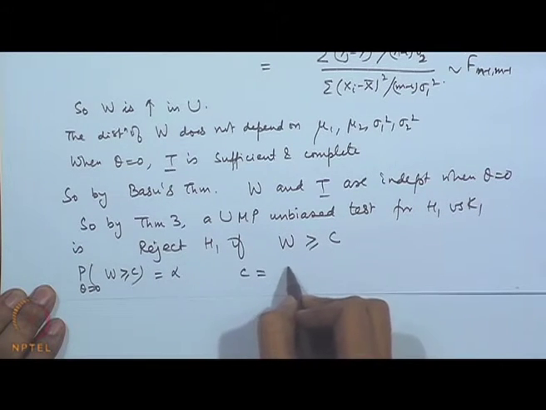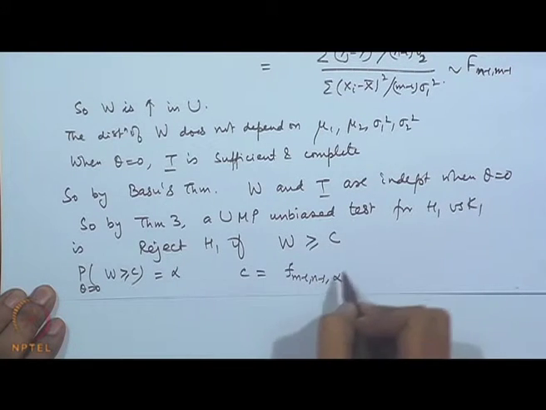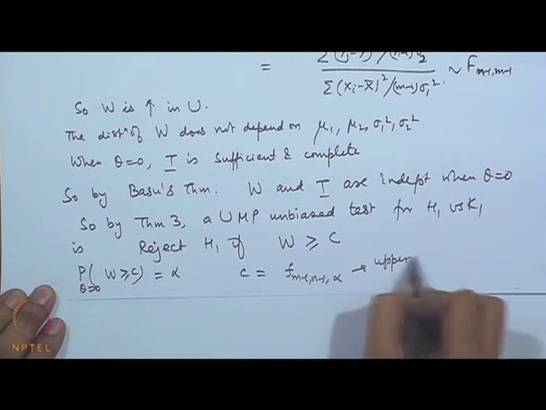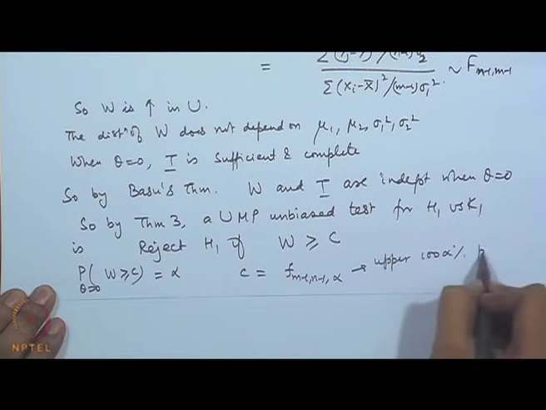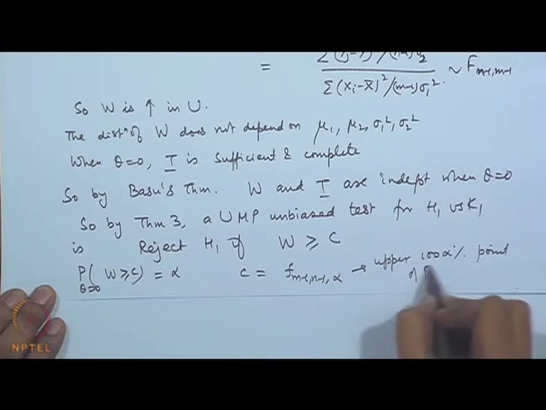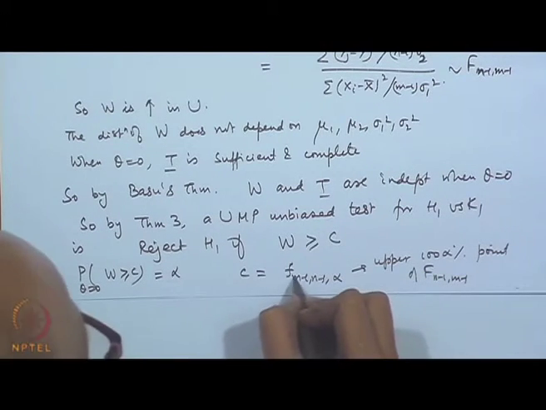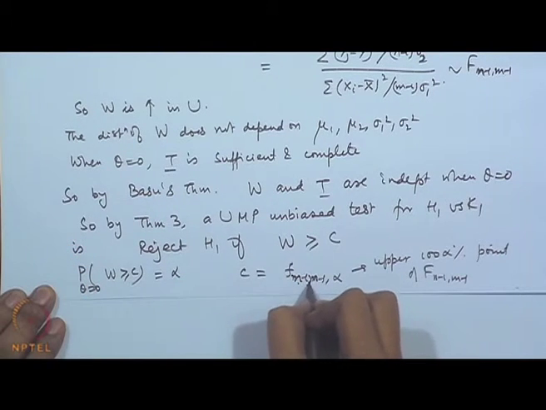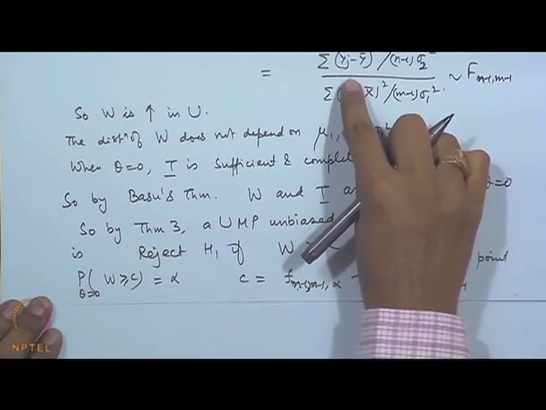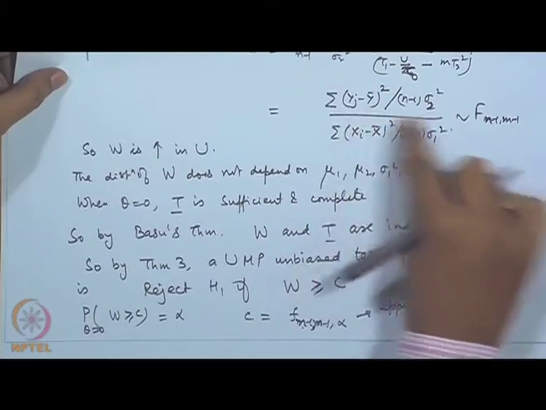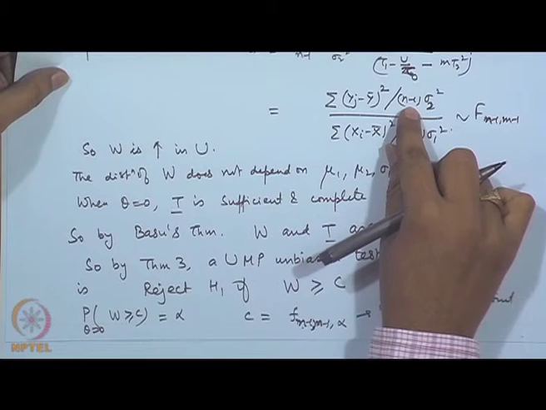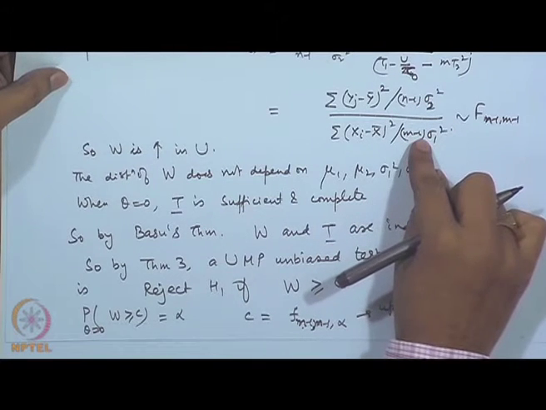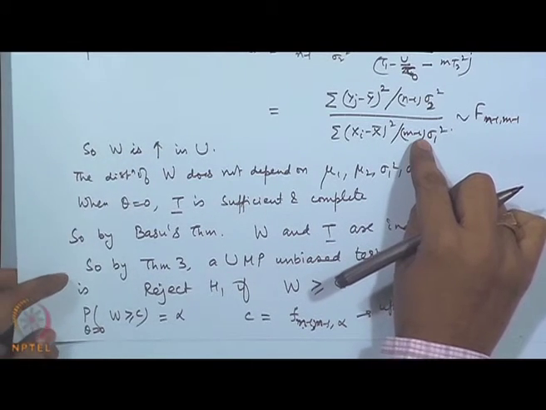So, C is given by the upper 100 alpha percent point of the F distribution on n minus 1, m minus 1 degrees of freedom. This should be n minus 1, m minus 1, firstly n minus 1 in the numerator, because the way I have defined this function, in the numerator the degrees of freedom for chi square is n minus 1, and in the denominator it is m minus 1.